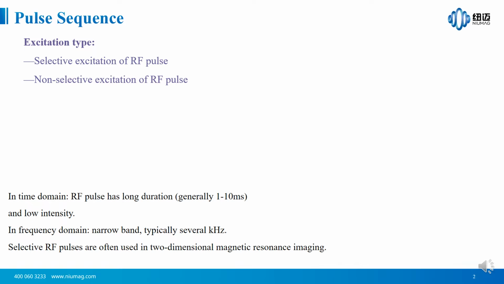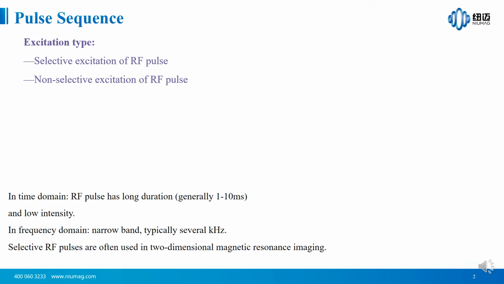Pulse sequences can be divided into two classes according to the type of excitation. The first type is selective excitation RF pulse, and the second type is non-selective excitation RF pulse. The selective excitation RF pulses are also known as soft pulses.